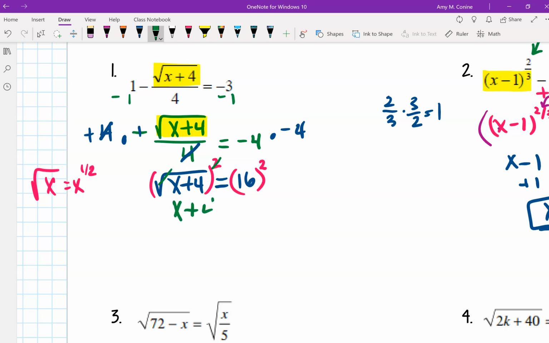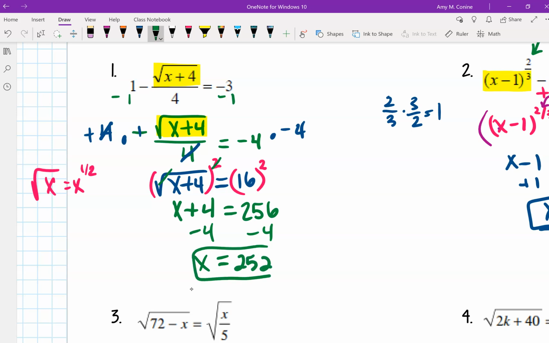So now we just have x plus 4 and then 16 squared. I didn't do it right in my answer key. So then we have 16 squared. All right, so we have 256, that's 16 squared, and then you're going to subtract your 4, so now you have 252. Okay, so that's the process.